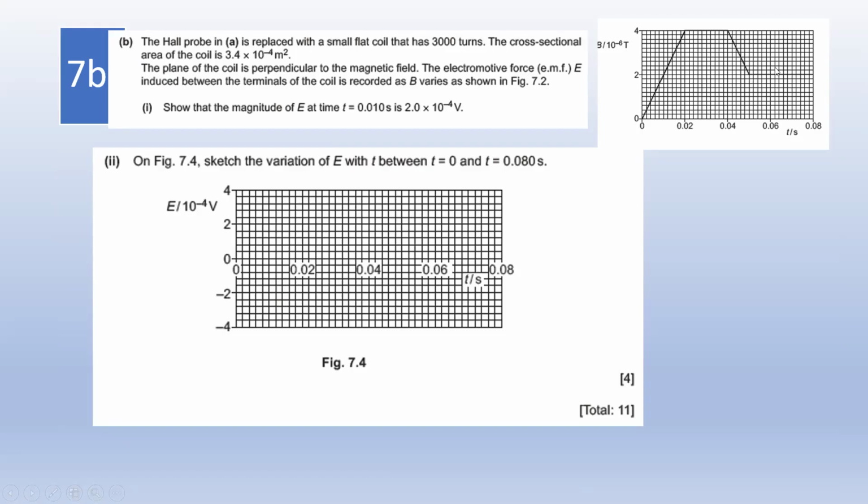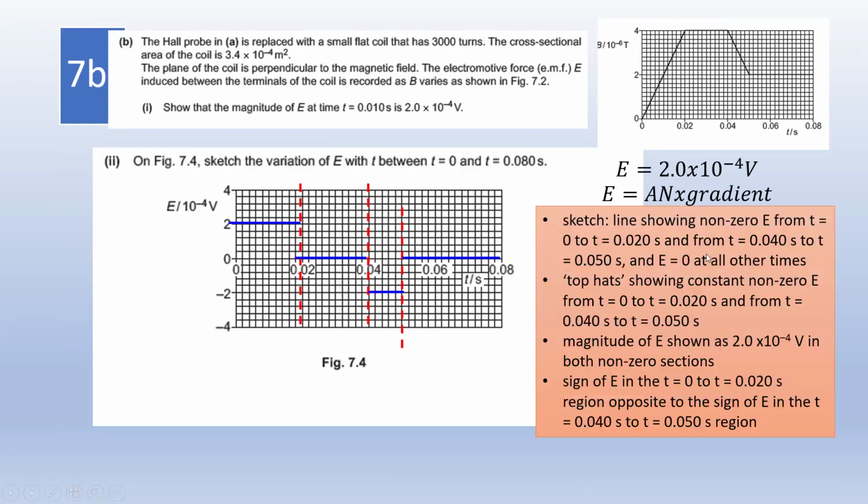This one is also 0. That's how the marking scheme is. This one doesn't matter, it can be down there, this one up there, but the magnitude must be the same. This part is 0.